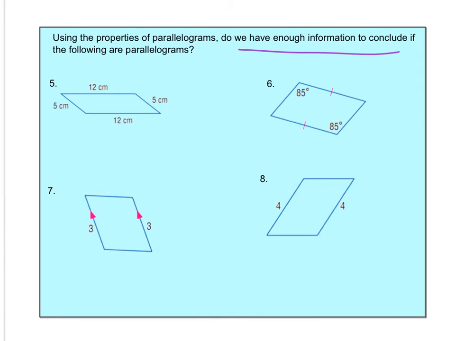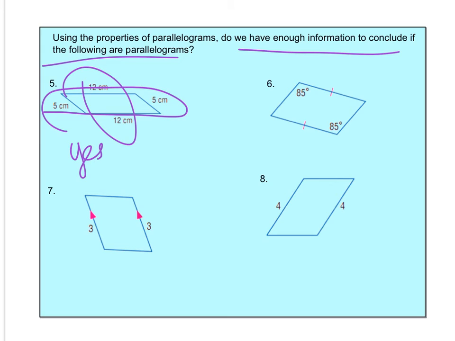All right, so do we have enough information to conclude if any of the following are parallelograms? For 5, congruent, yes, it's a parallelogram. For 6, 85, these are parallel, or these are congruent, that's 85, that's 85. Yes, I would say yes. You don't have both sides and you don't have the other angle.